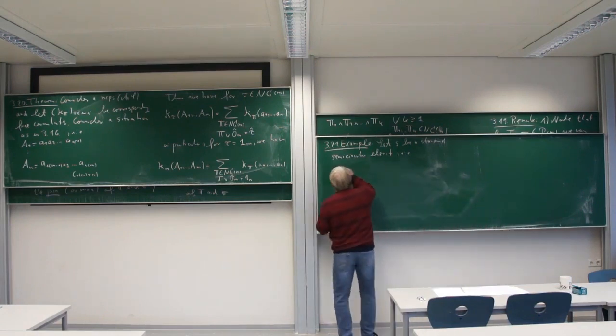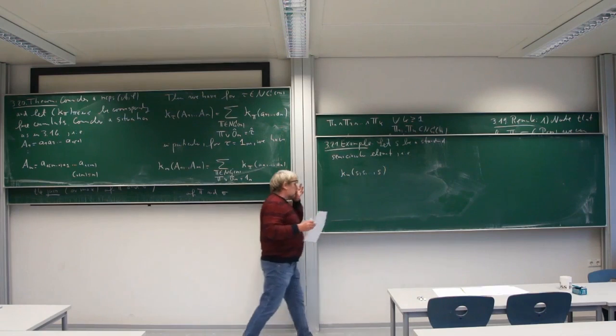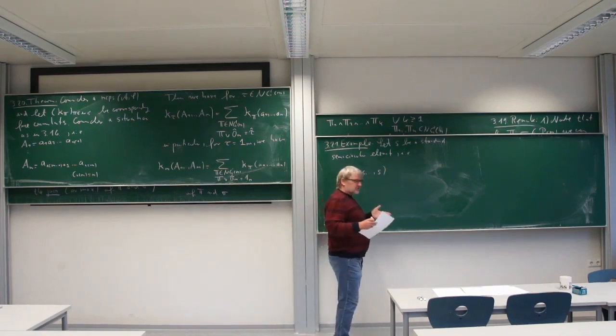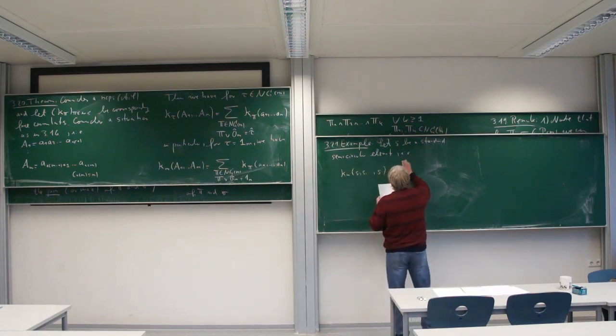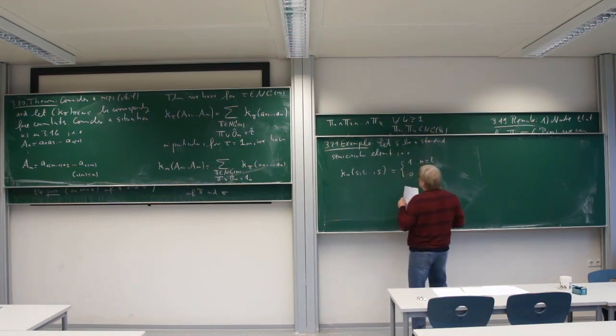So actually the cumulants of this S, kappa n with all the arguments equal to S, are actually 1 or 0. It is 1 if n is equal to 2, otherwise it is 0.